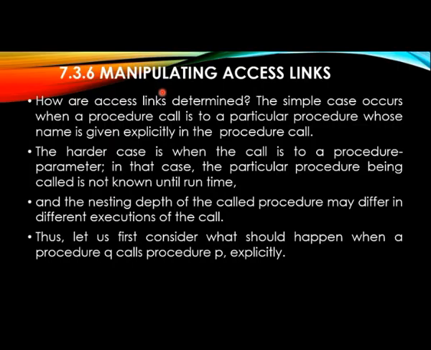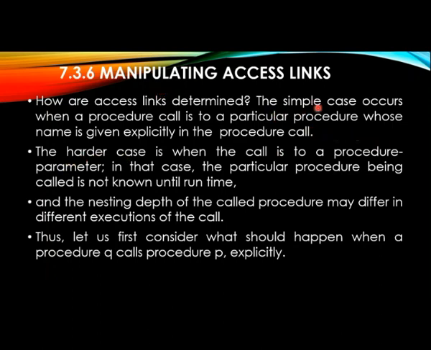Now we discuss how to manipulate the access links, that is, how we determine the access links. To know how to manipulate them, we use two cases: one is the simple case and the other is the harder case.